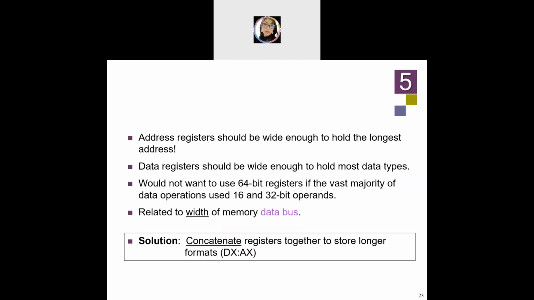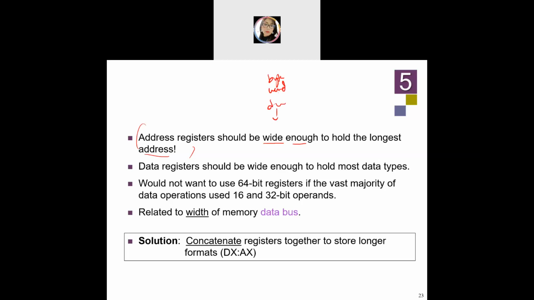Address registers should be wide enough to hold the longest address. It depends on your program. So that's why I always remind you, look at the size, whether you are using a byte, a word, a doubleword, and so on.